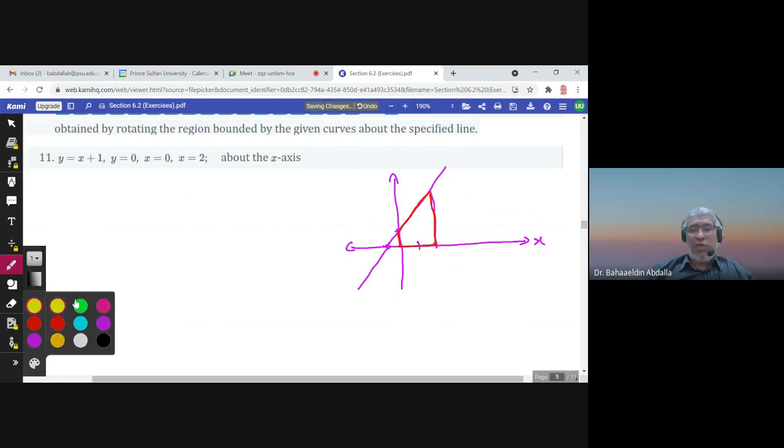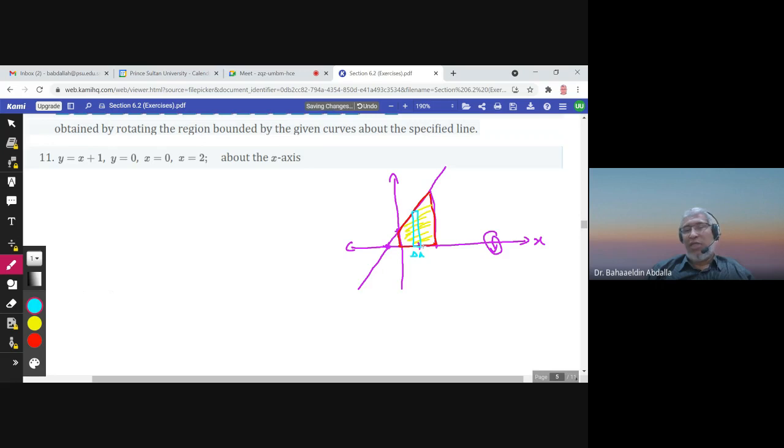So this region is actually bounded by all these 4 lines. Well, we will rotate this region about the x-axis. Once we rotate about the x-axis, we will take a rectangle perpendicular to the x-axis with width delta x.